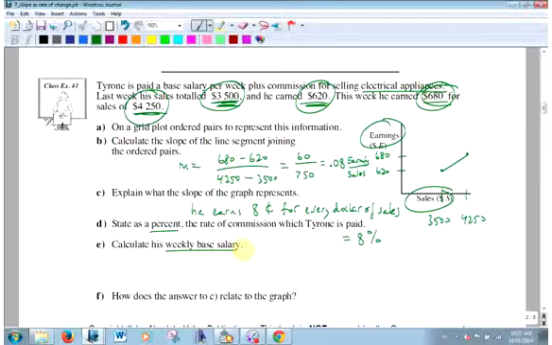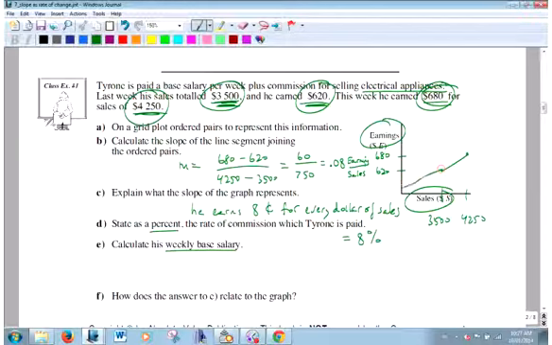Now, he does get a base salary. If he sells nothing, he still gets paid. That's what base salary means. Okay? It's like being a waiter. You get minimum wage, but you're hoping you get a lot of tips. Some waiters make $60,000 a year. Right? You still get a base salary.